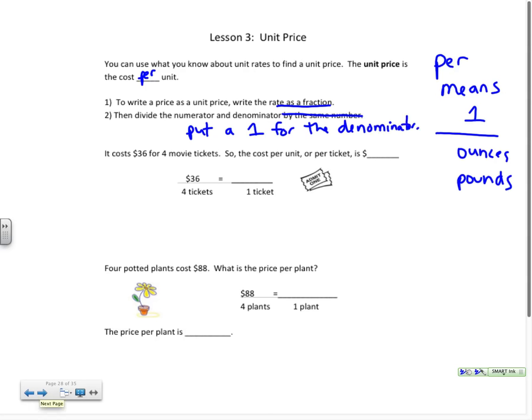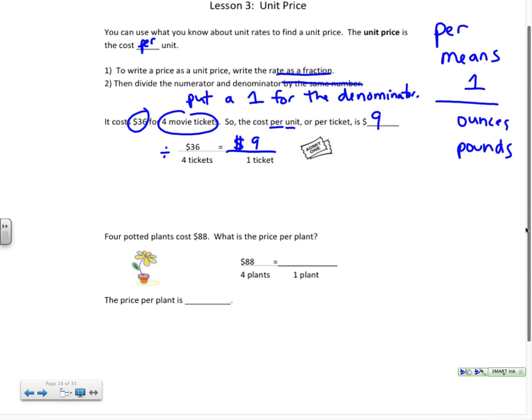It costs $36 for 4 movie tickets. That's the rate. So the cost per unit for 1 ticket is, well, this is division. 36 divided by 4 is 9. And we put a 1 under it. So it's $9 per ticket, or the ratio or rate is 9 to 1. $9 for 1 ticket.